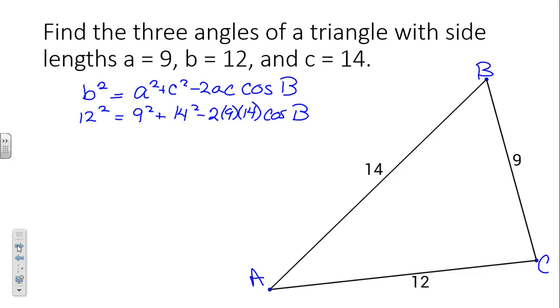So let's do all of our squaring next. 12 squared is, 9 squared is, 14 squared is, yep. 2 times 9 is 18, 18 times 14. 18 times 14 is what?